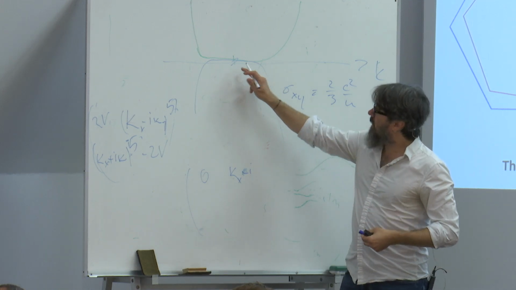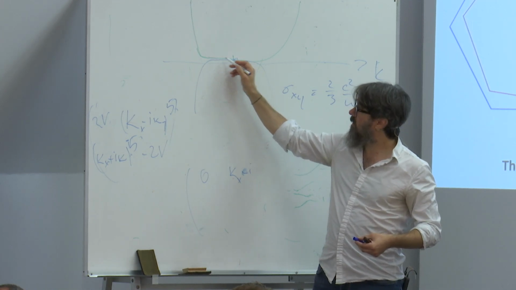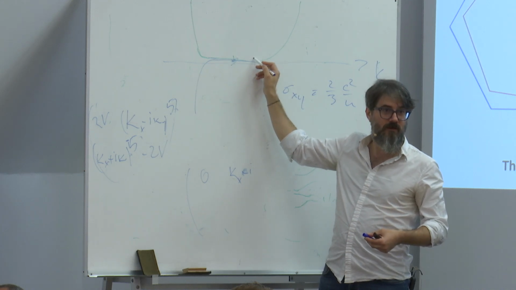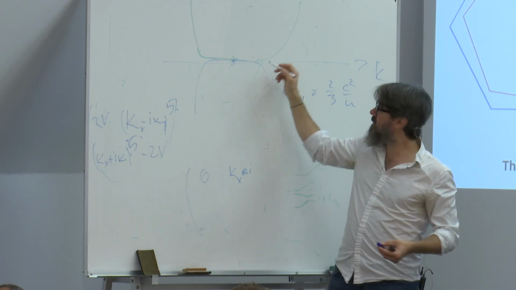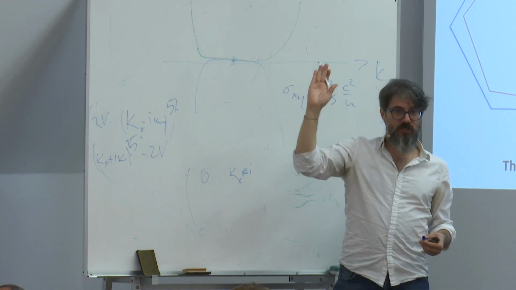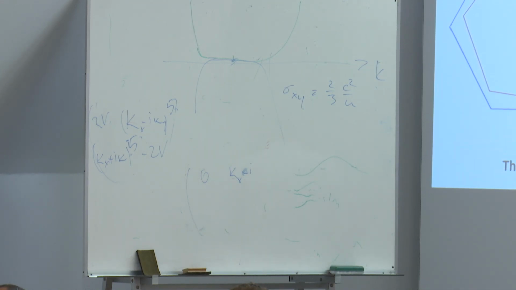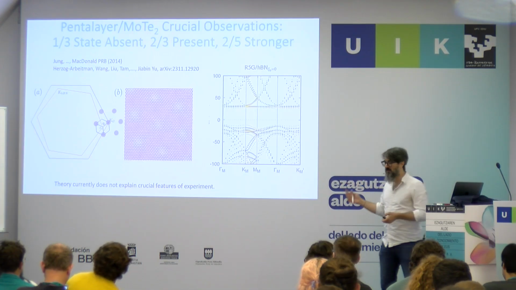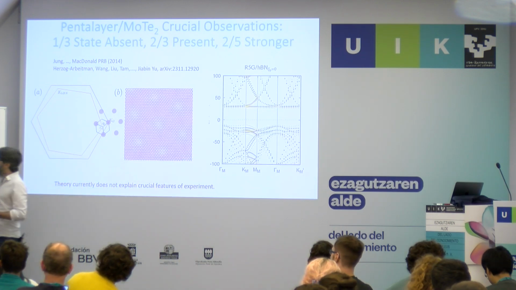Now, k to the 5th, as you can see, for small k, is very, very flat. But at some point, and we know what that point is, the dispersion shoots up. I'm not sure if Eve is here. We have a name for this dispersion that we're going to publish soon, but I won't tell you the name.